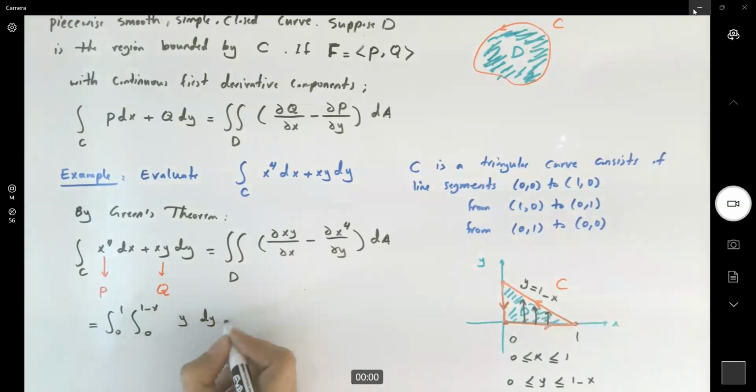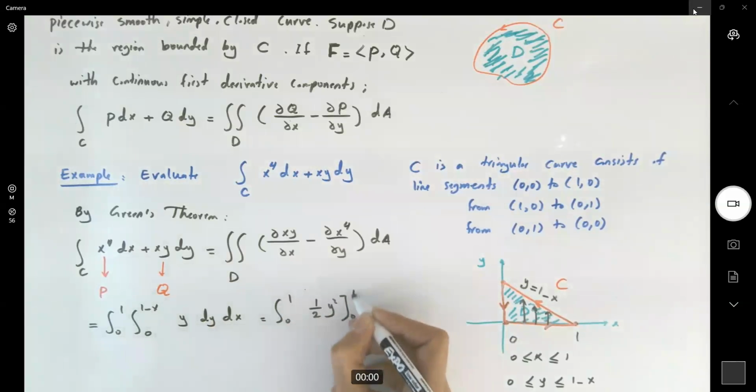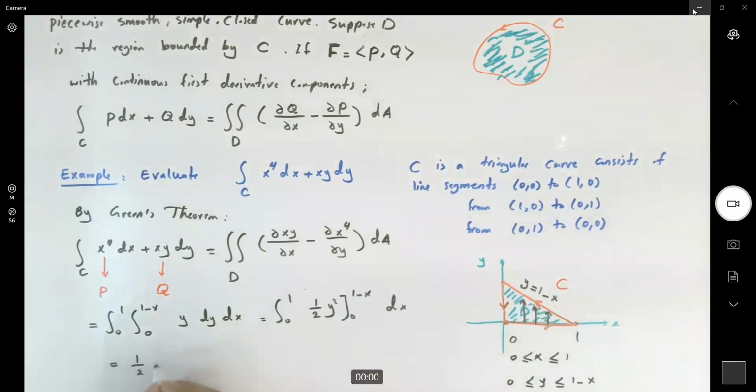Going straight here, you have the integral from 0 to 1 of a half y squared, from 0 to 1 minus x, dx. This is a half the integral from 0 to 1 of (1 minus x) to the second power dx.